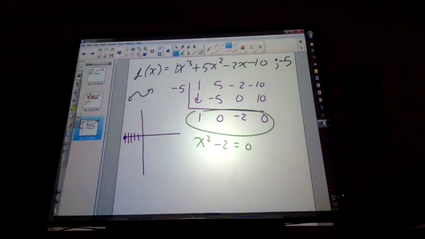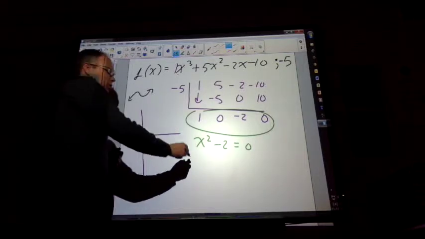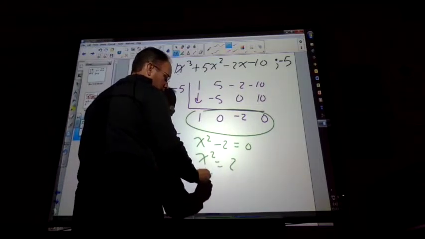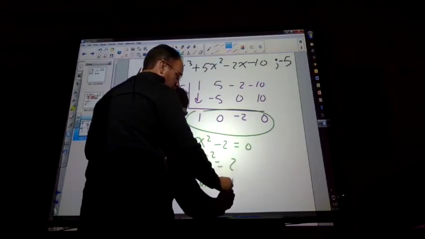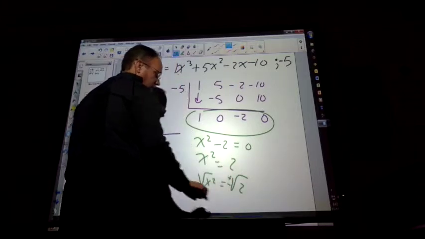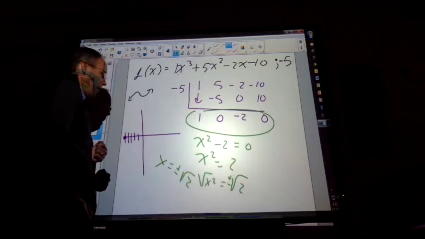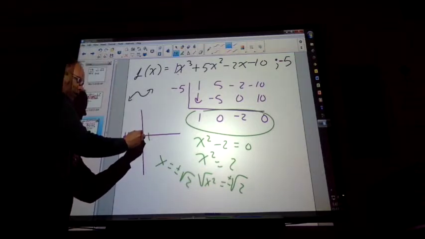This is a simple one to solve. If you couldn't solve it, you would have to use the quadratic formula. You could try and factor it. But this one, I'm going to add 2 to both sides, and then take the square root of both sides. Don't forget the plus or minus. So I get x is equal to plus or minus square root 2, which is about 1.4. So it's going to cross about here as well.